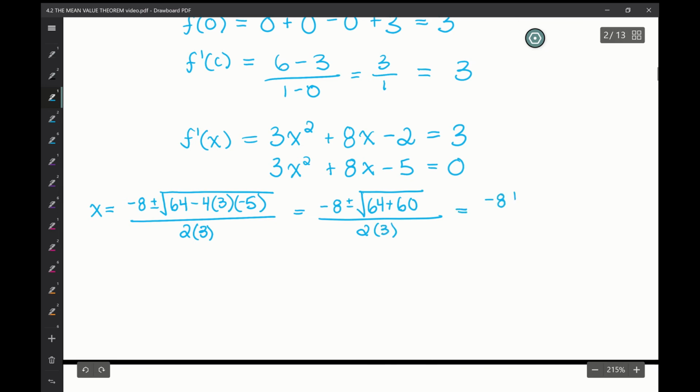So that's negative 8 plus or minus the square root of 124 over 6. Now, we need to check to make sure that both of these numbers, negative 8 plus root 124 over 6 and negative 8 minus root 124 over 6, are both in our interval from 0 to 1.